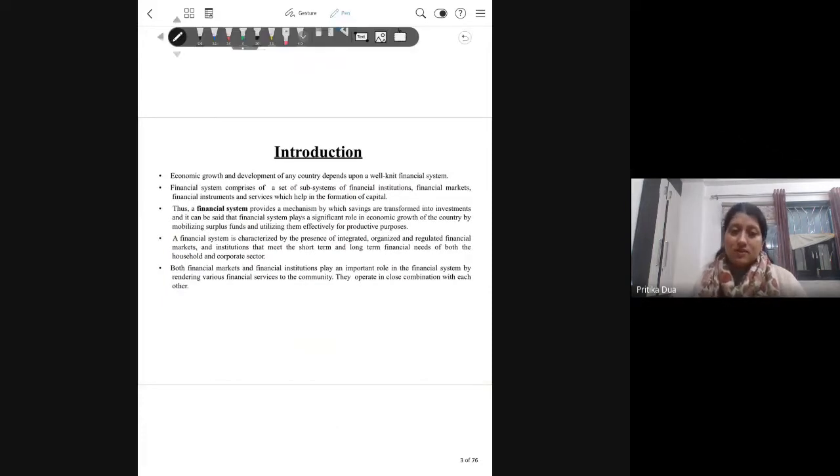So, financial system is a mechanism through which savings are transferred into investment, and it is playing a very significant role in the economy of any country.